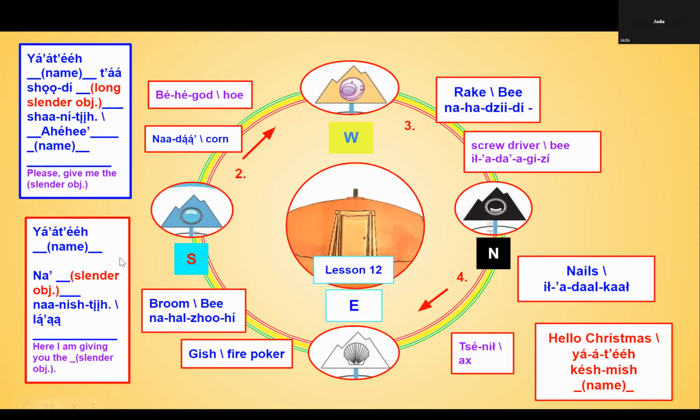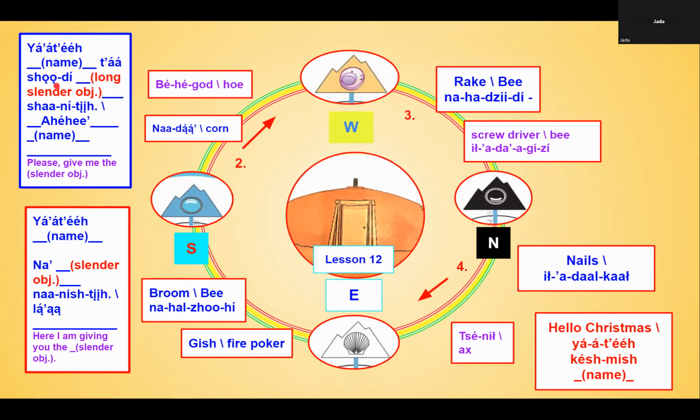Be'ith adagize tashode shan. Tashode be'ith adagize Shaanítįįh. Jada nahadidze nashibaha.